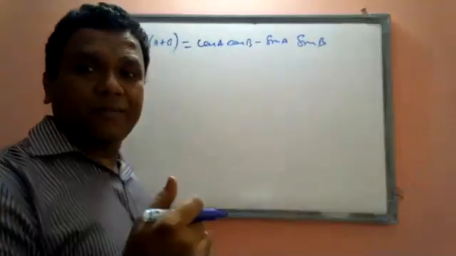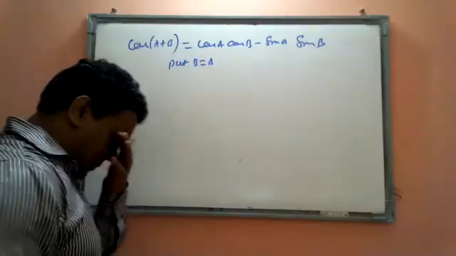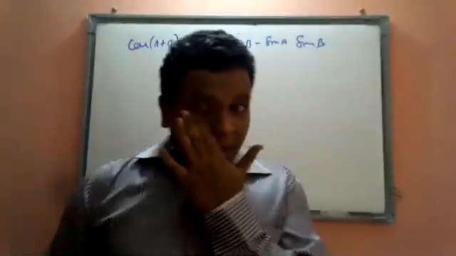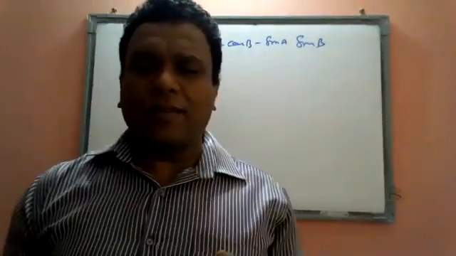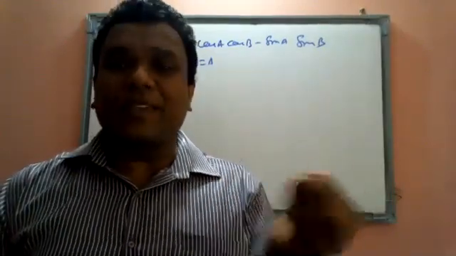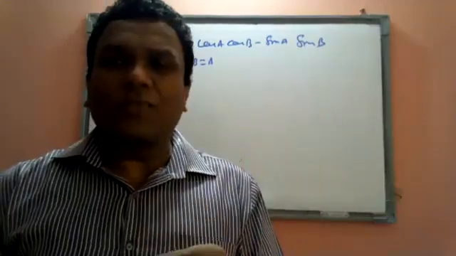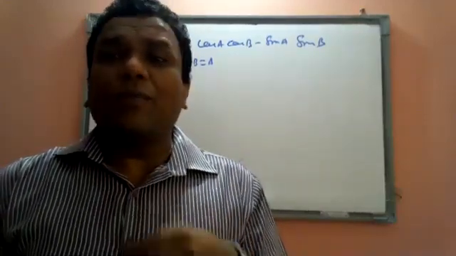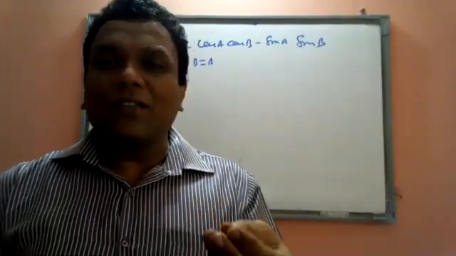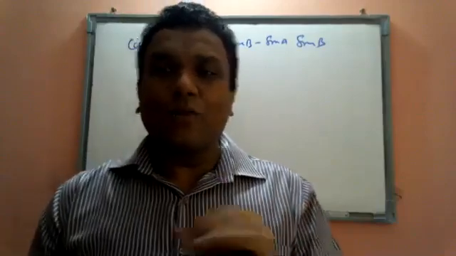The method remains the same: put b equal to a. You might be asking, sir, put a equal to b. If I put a equal to b, I will get the formula in terms of b, that's it. Why I'm putting b equal to a is that I will get the formula in terms of a, that is cos 2a. If I put a in terms of b, I will get the formula for cos 2b. That's all the difference. It doesn't matter, you can put anything.